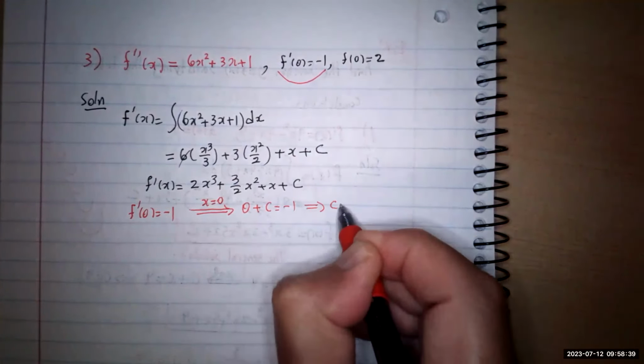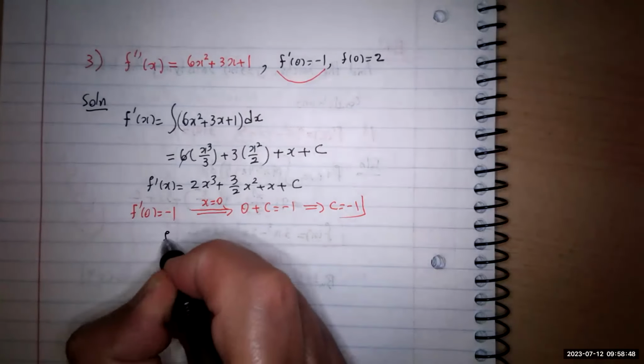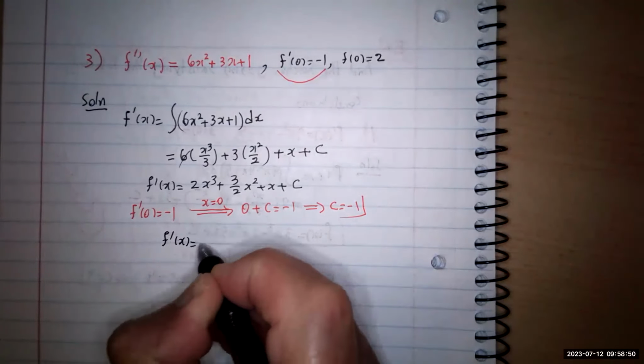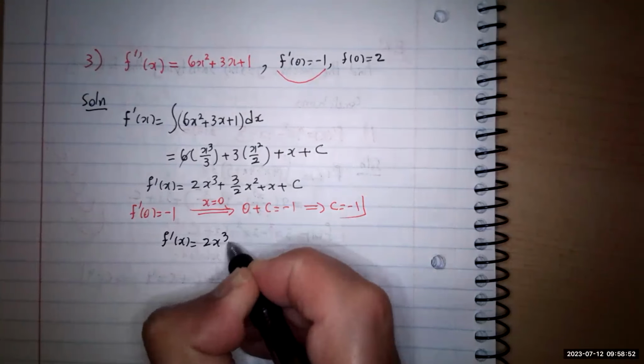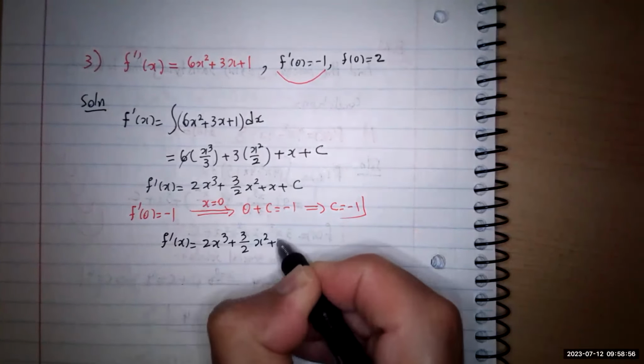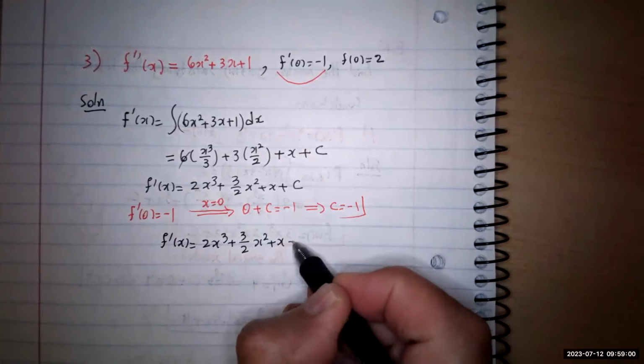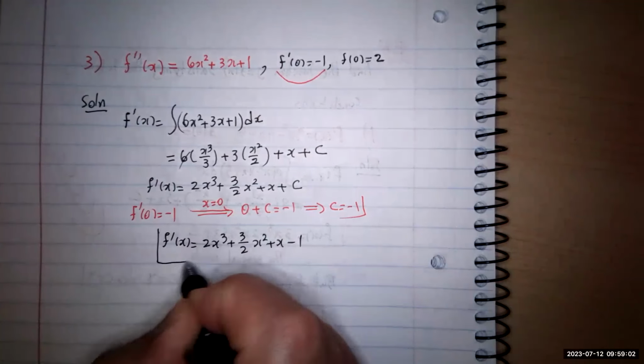So that gives you c equal to -1. Any question? So what do you have so far? You have f prime of x equal to 2x cubed plus 3/2 of x squared plus x plus c, and c is -1. This is f prime.